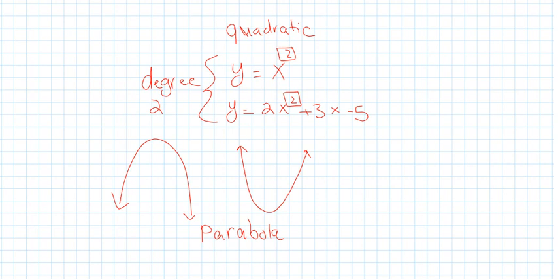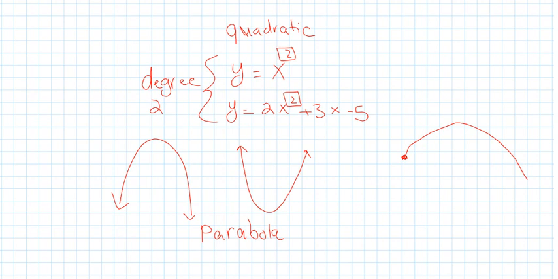What else? You guys watch sports, don't you? Football. When you throw the ball, what path is it going to take? It's going to go up, and then it's going to go down. Does that look like a parabola to you?